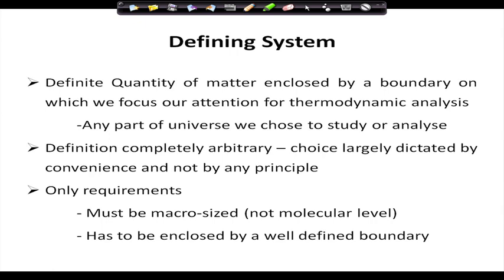The only requirements of selecting a system are, firstly, it has to be macro sized. It cannot be something of a molecular level because we are dealing with classical thermodynamics, and it has to be enclosed by a well defined boundary. The boundary can be real, the boundary can be imaginary, the boundary can coincide with the outside boundary of the system that we have considered.